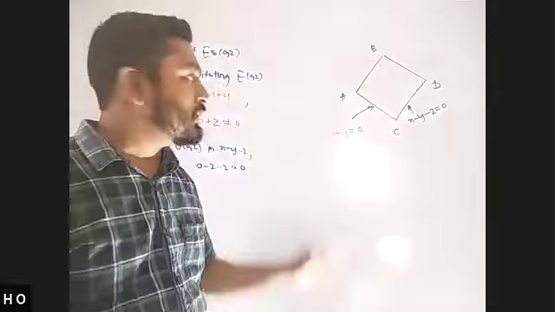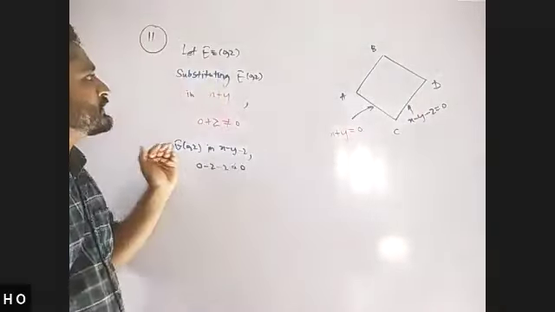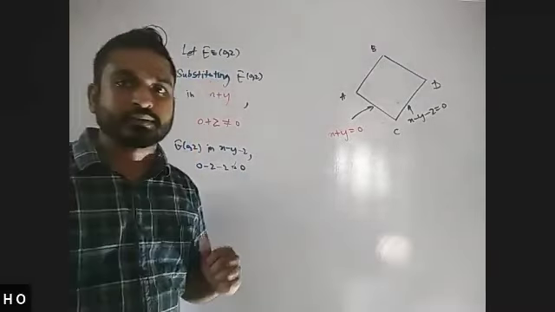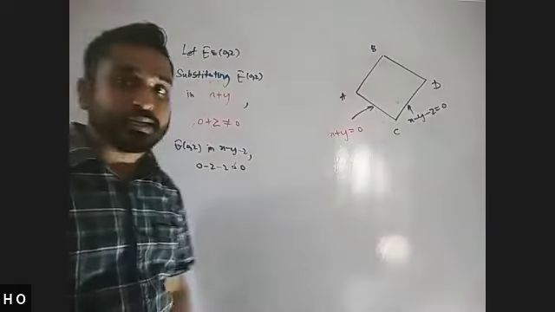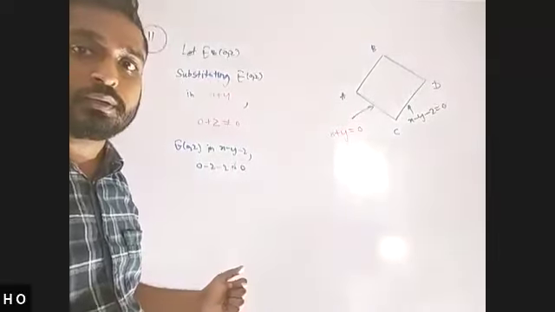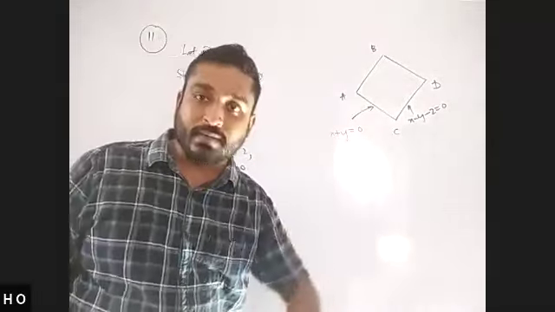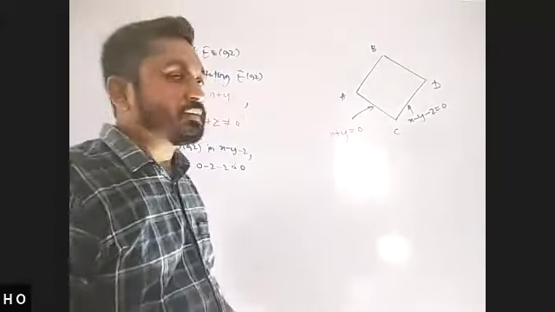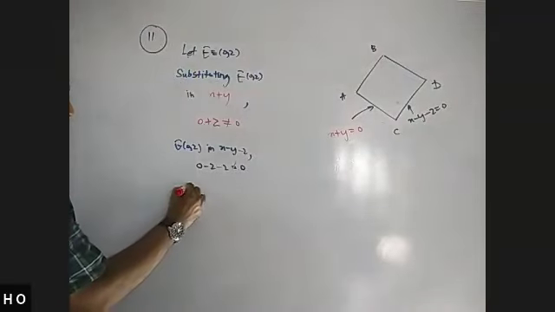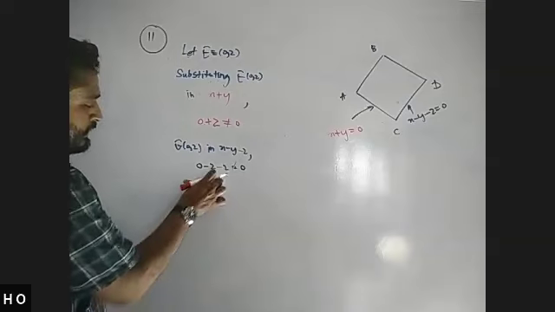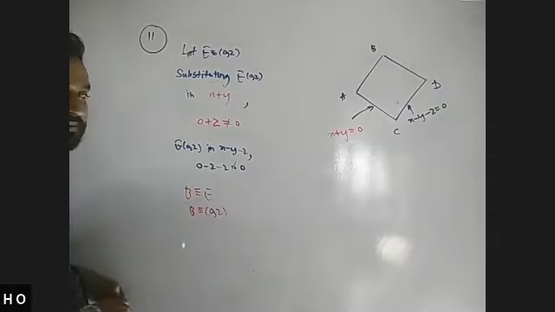Now the angular bisectors are x plus y equals 0 and x minus y minus 2 equals 0. Since E (0, 2) doesn't satisfy either, it cannot be on AC or CD, so it should be B. So B is E, and B is going to be (0, 2).